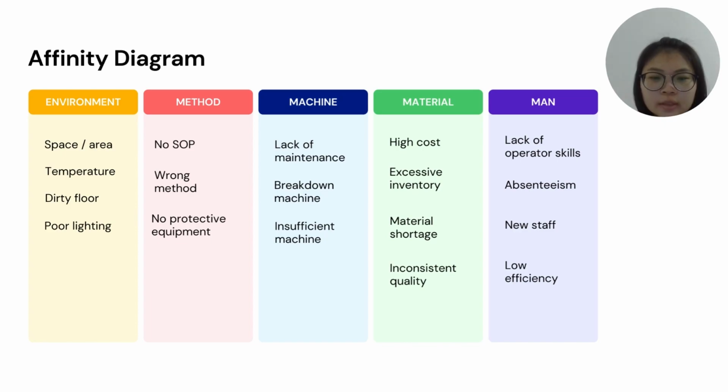Besides, insufficient machines, lack of maintenance of machines, and machine breakdown are the causes of the low productivity that will change customer demand. The high cost of raw materials, excessive inventory, and material shortage are also problems. Last, the workers perform with low efficiency and absenteeism, and the lack of operator skill causes customer demand to decrease.